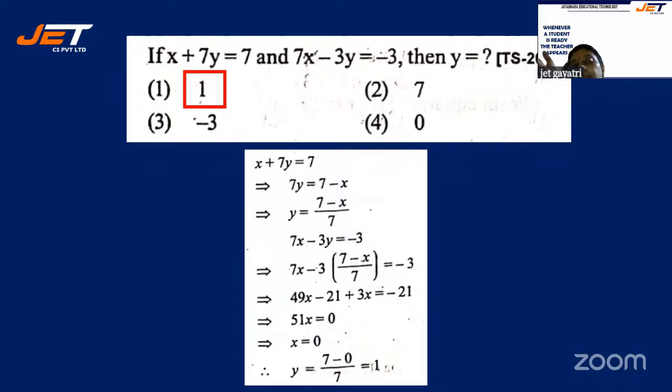You can use any method, either the linear equation method or the substitution method, but you can find out the value of x, I mean y, isn't it? So here they have taken 7y is 7 minus x, y is 7 minus x by 7. The same thing is being substituted in the other equation, right? So when you try to solve it, you get the value of x is 0 and y is equal to 1. So that's why option 1 is correct.